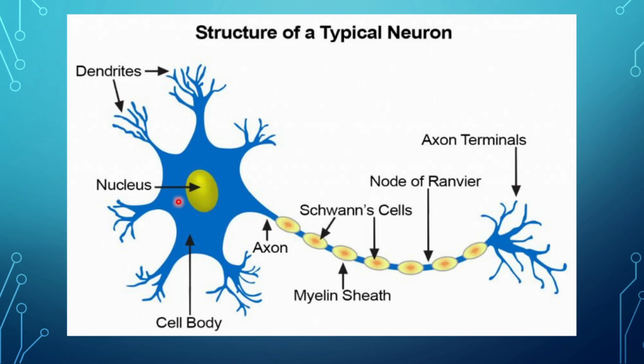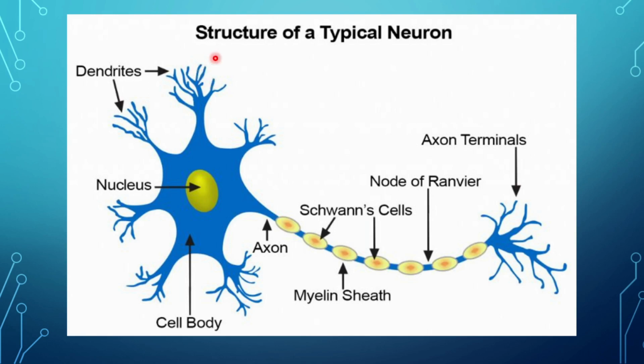So you'll find a nucleus within the cell body, and surrounding or extending from the cell body we have these little tree-like structures, the dendrites, and these will be making contact with other neurons, other neuronal cell types, receptors and other things depending on where they are in the body.